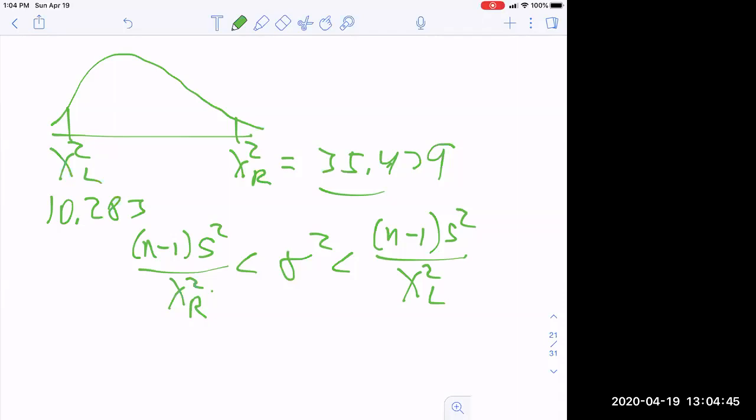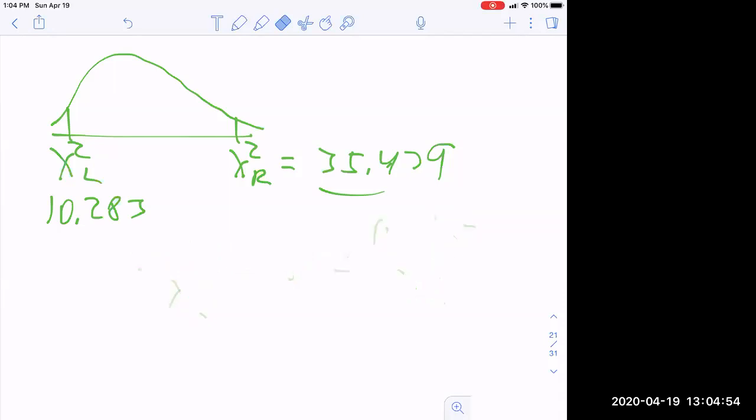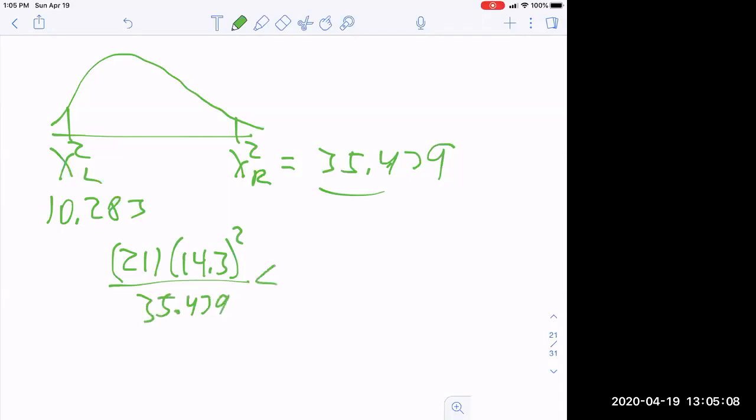So let's just put in our values here because we have them, very quickly. Our degrees of freedom, 21. S was 14.3, and we have to square it. Chi-squared right, 35.479. It's less than sigma squared.